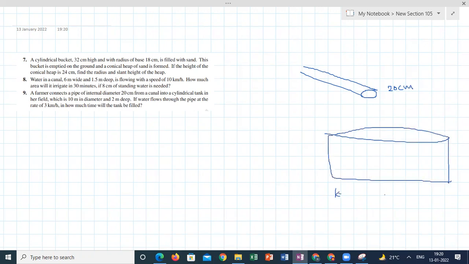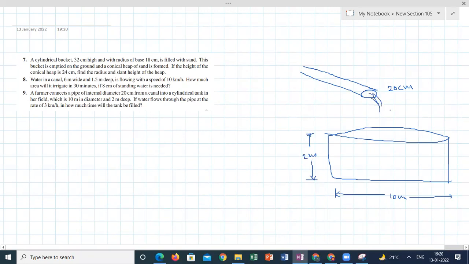The cylindrical tank is 10 meter in diameter and 2 meter deep. It's a big water storage. If water flows through the pipe at 3 km/h, how much time will it take to fill the tank?